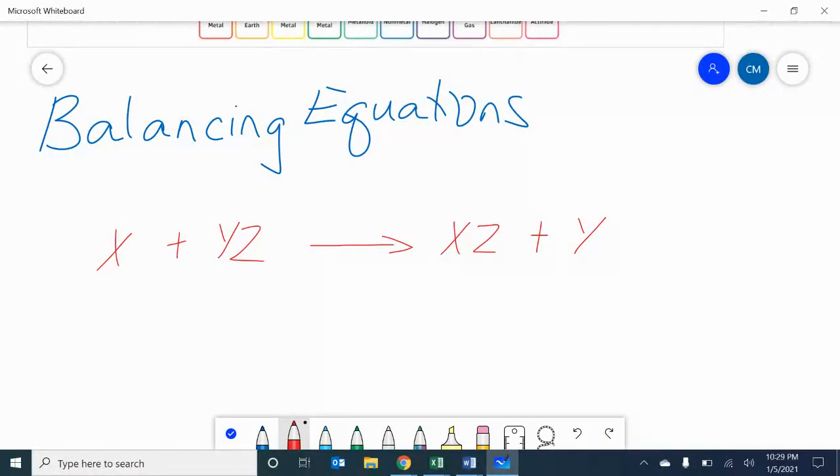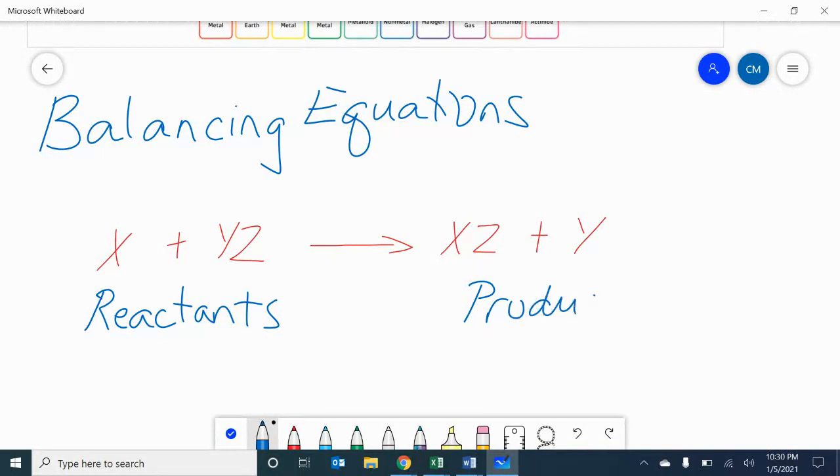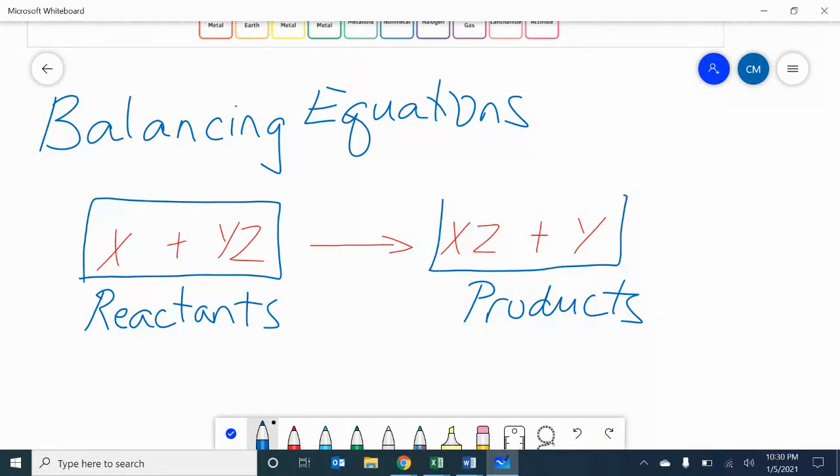Word equations are a little different, but we need to make sure that we can identify the parts of the puzzle here. On the left of the arrow, if you remember, they're called the reactants. On the right side are called the products. So we put together our reactants, they react, and the products are produced.